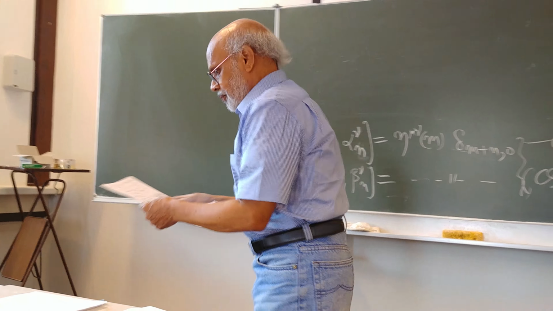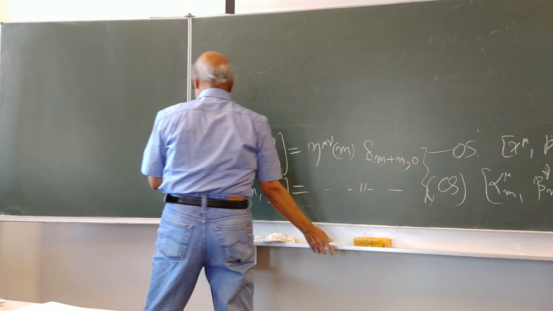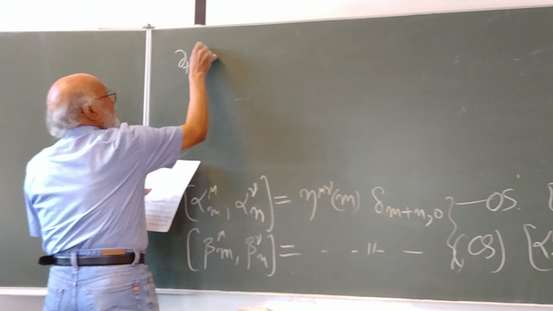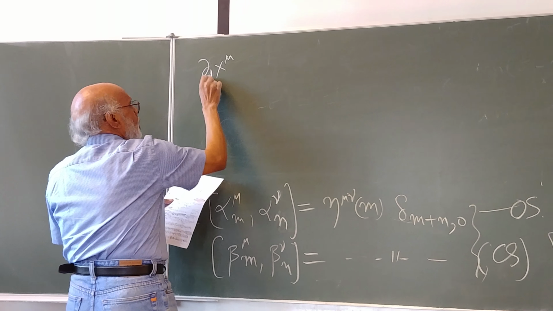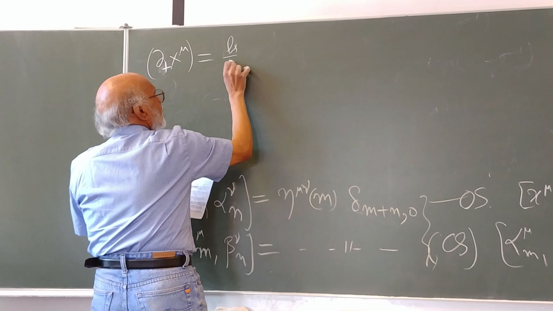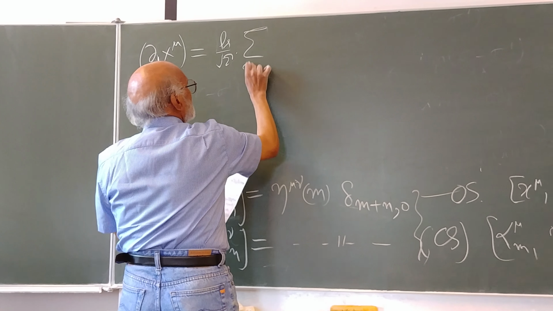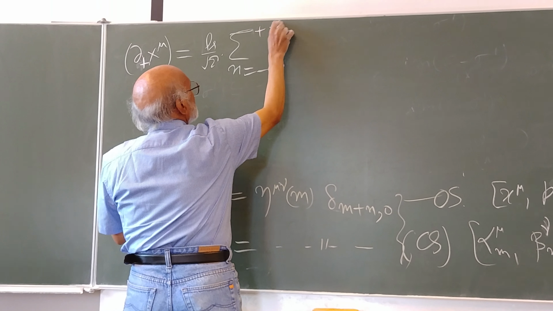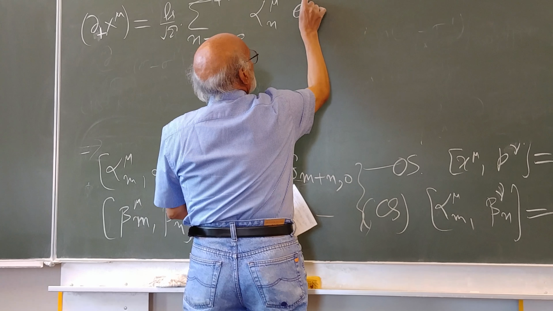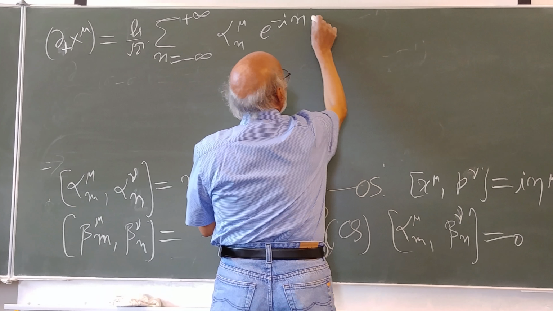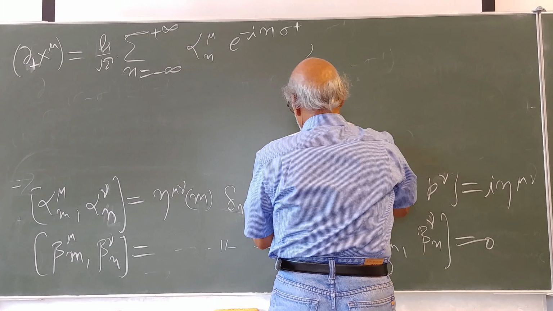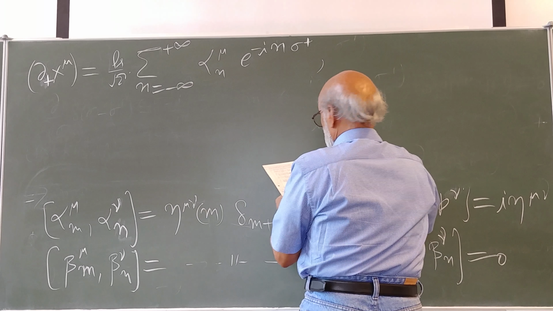So we need to recap that we have already derived del plus x mu to be equal to Ls by root 2, sum from minus infinity to plus infinity alpha mu n e to the power minus in sigma plus, and let me write the other one.